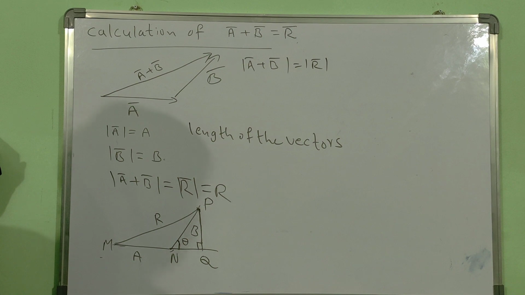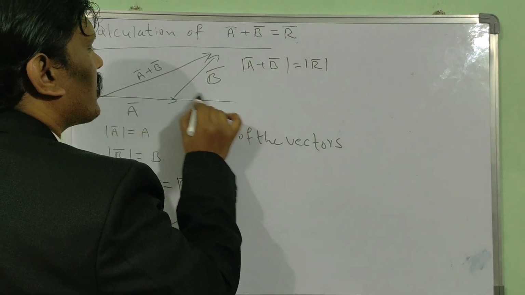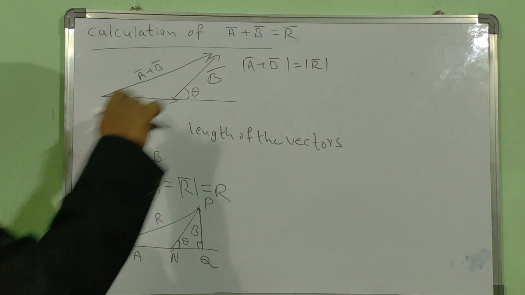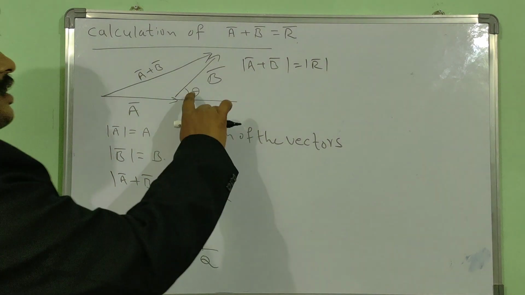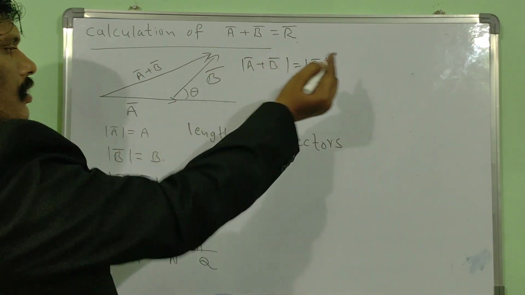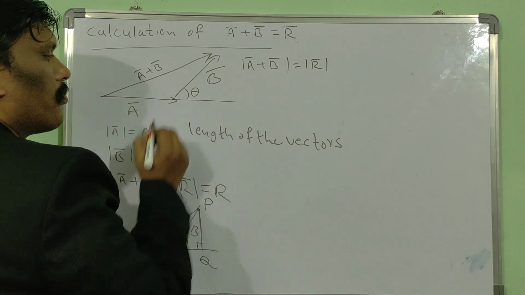What is the meaning of theta here? Observe here. This is nothing but the angle between the vectors A bar and B bar.